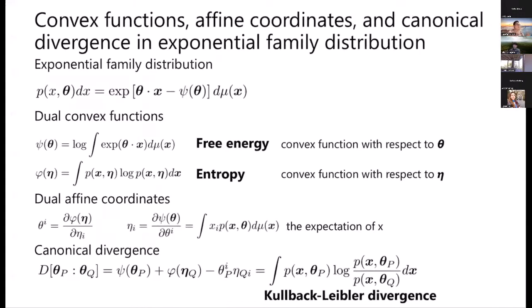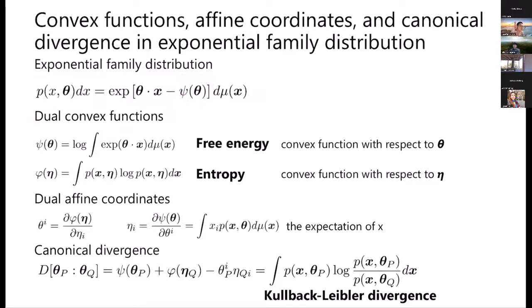So what are these convex functions, affine coordinates and the canonical divergence in the exponential family distribution? Again, the exponential family distribution is expressed by this, and the dual convex functions are, in this case, first the free energy, some sort of normalization term in the probability distribution.